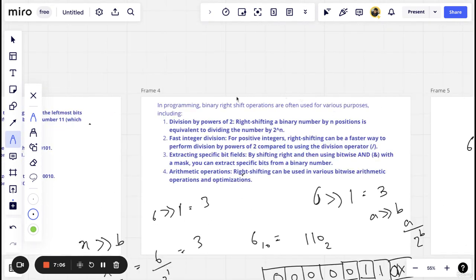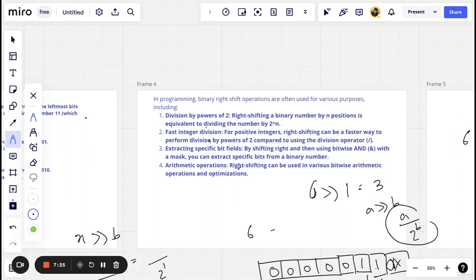Okay. So what is the use case of doing right shift operation? See, as I have written here, division by power of 2: right shifting a binary number by n positions is equivalent to dividing the number by 2 raised to the power n, as discussed here. Fast integer division: for positive integers, right shifting can be a fast way to perform division by powers of 2 compared to using the division operator.